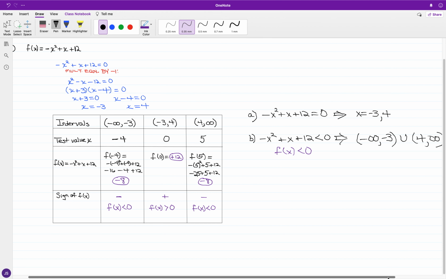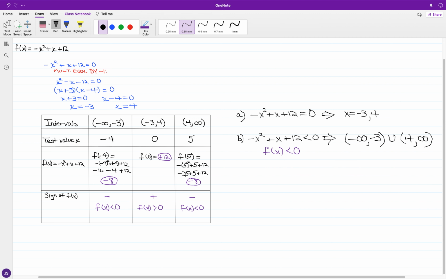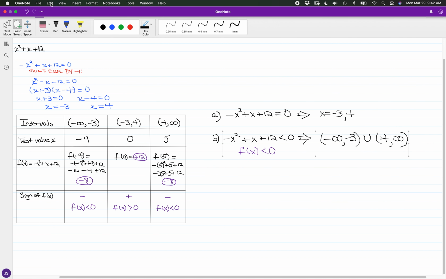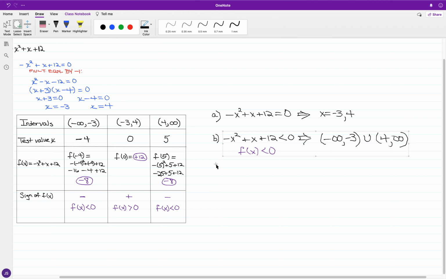And in the case of the next part, we have less than or equal to 0. I'll just copy this particular part since we have almost the same statement.